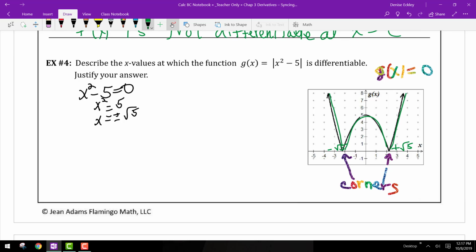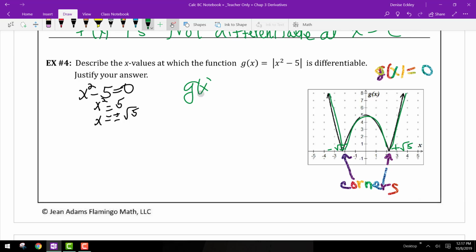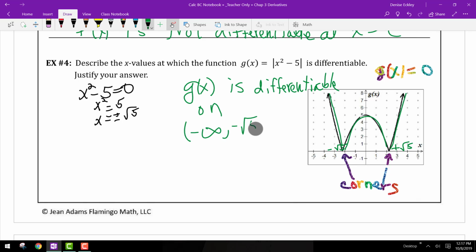So we would write it this way. g of x is differentiable on negative infinity to negative square root of 5, union, then we have the rounded part here in the middle, negative square root of 5 to positive square root of 5.